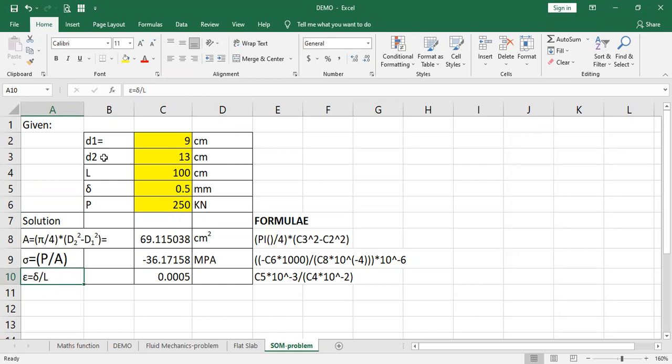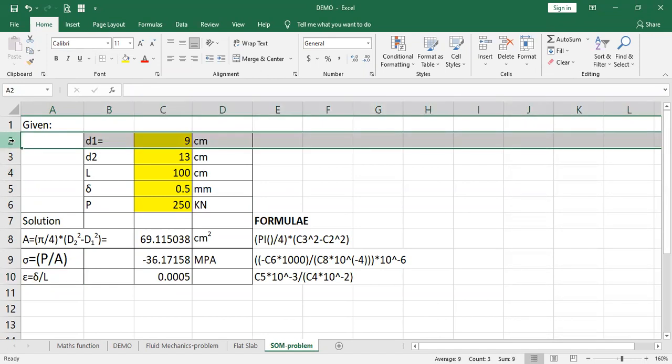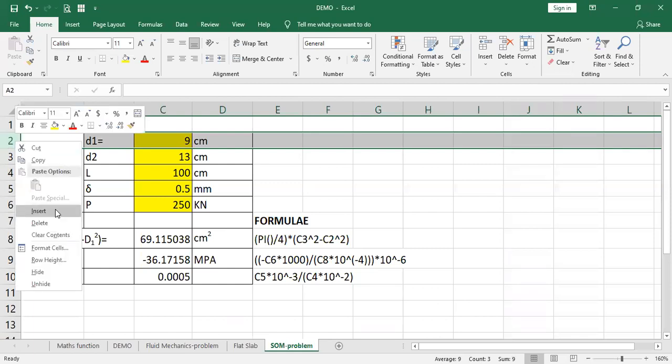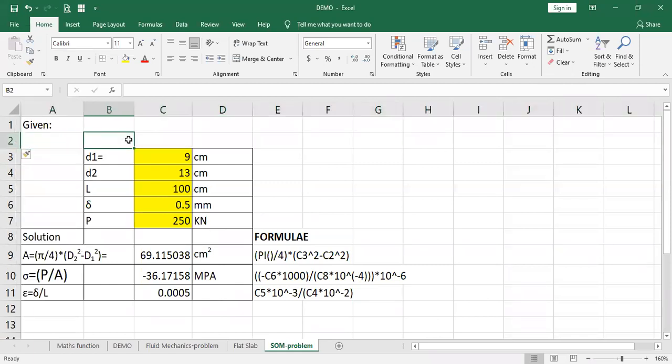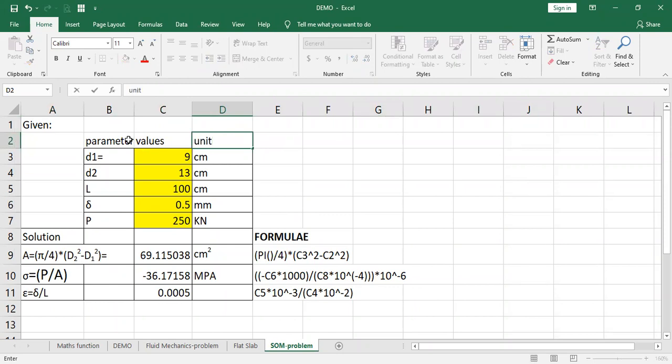So for these parameters, what I can do is right click here, insert, and write down here the parameter, and then the values, and this is the unit.